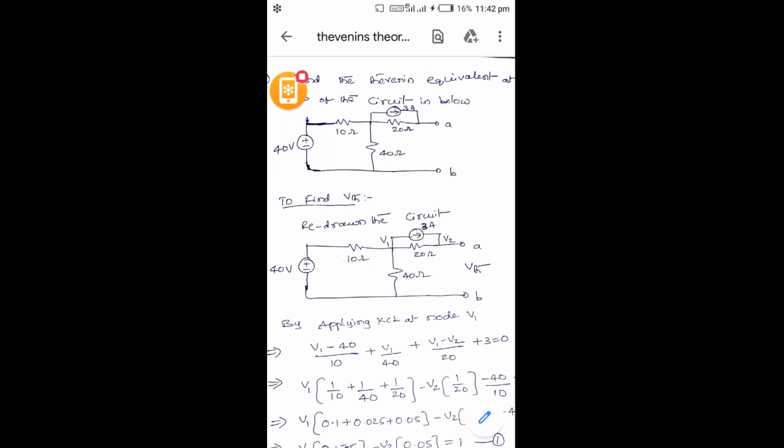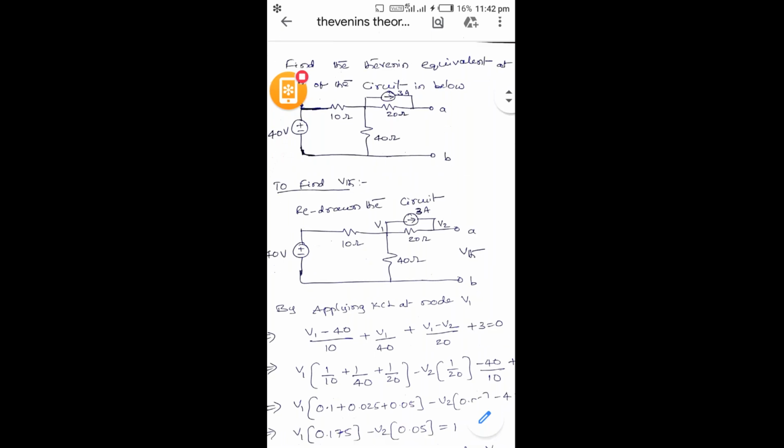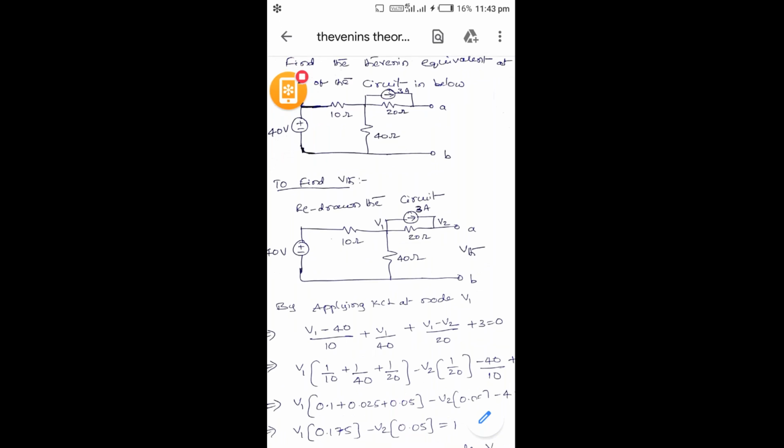So simply we can write the condition, and collect the common terms in V1 and V2 and the constant terms. The V1 coefficient is 1 by 10 plus 1 by 40 plus 1 by 20, minus V2 times 1 by 20, and the constant is minus 40 by 10 plus 3, equal to 0.